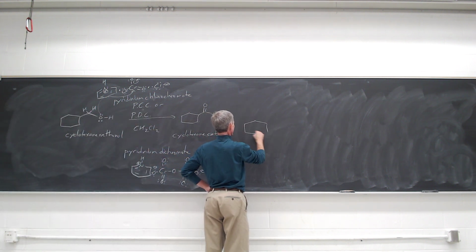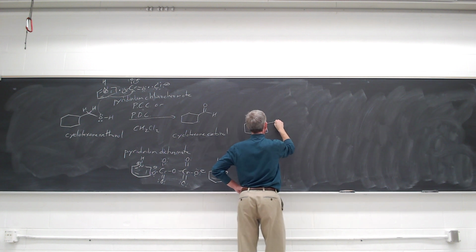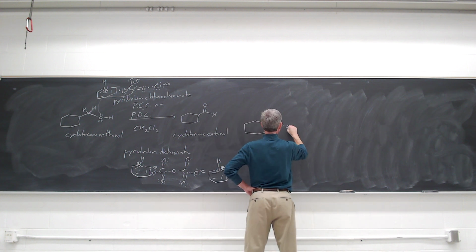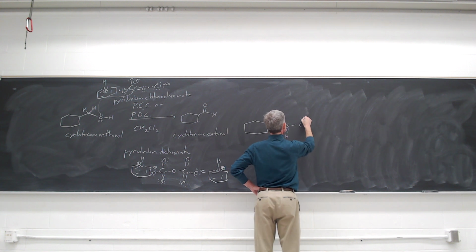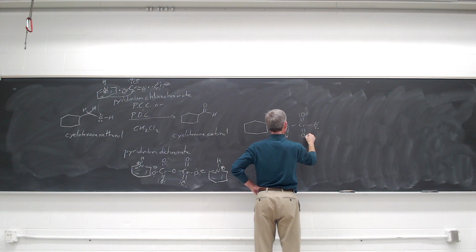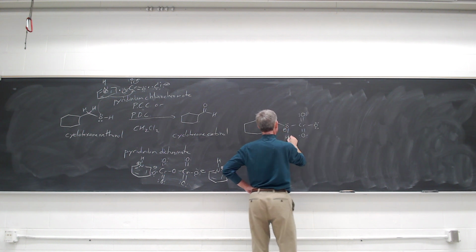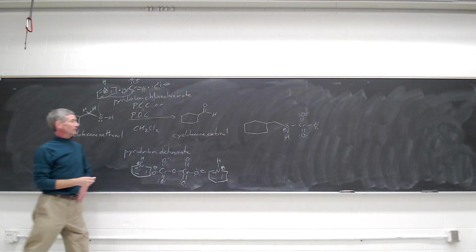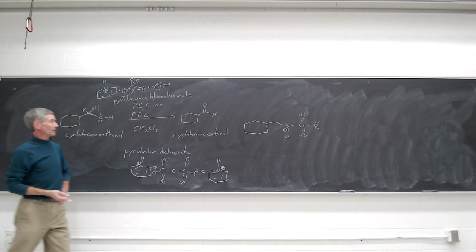So we will generate a chromate ester, but we will generate a chromate ester through a slightly different mechanism. Because here we have a nucleophilic reagent attacking a neutral chromium species rather than a positively charged chromium species.